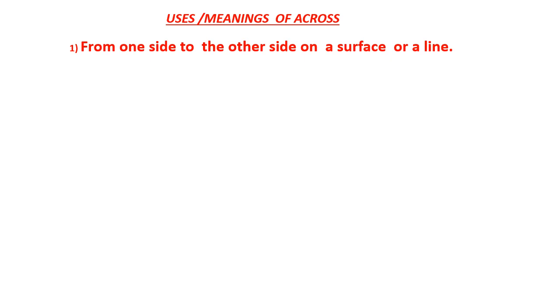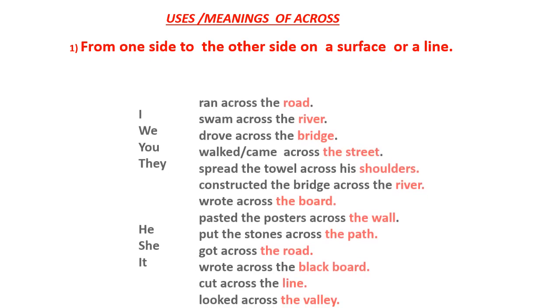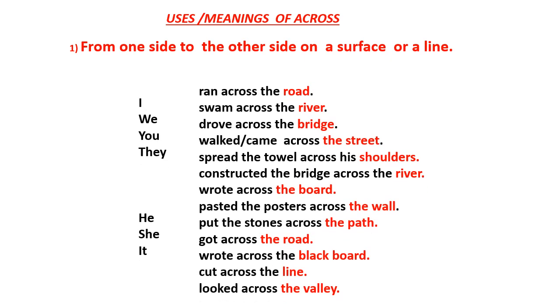Now let us see some meaning and usage of across in the form of sentences. You know, the basic meaning of across is the movement from one side to other side on a surface or a line. That means when an object is considered to be a surface or a line, and there is a movement from one side to other side of it, then we make use of across. Look at the example sentences.